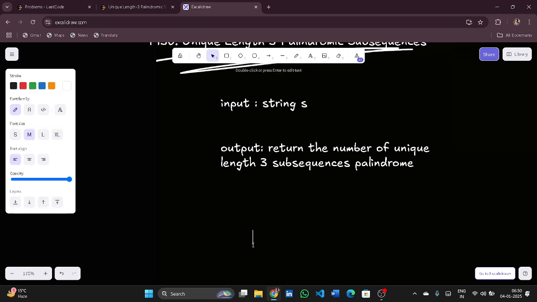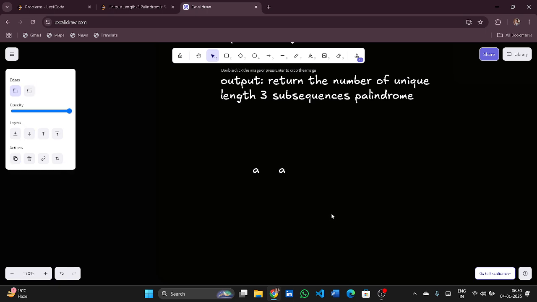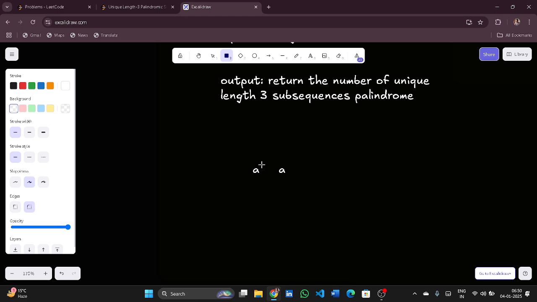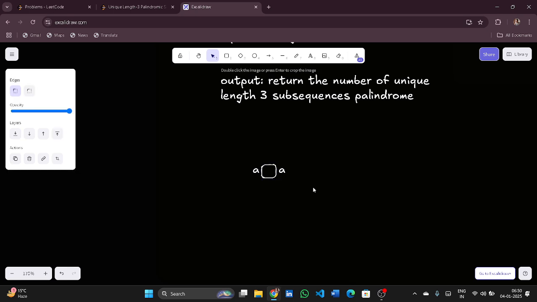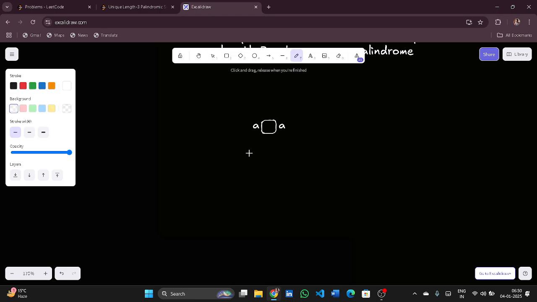When they asked for A and A, if you have these two, then you have to insert any character in the middle so that it becomes a palindrome. So this is of length 3. Yes, it is of length 3.